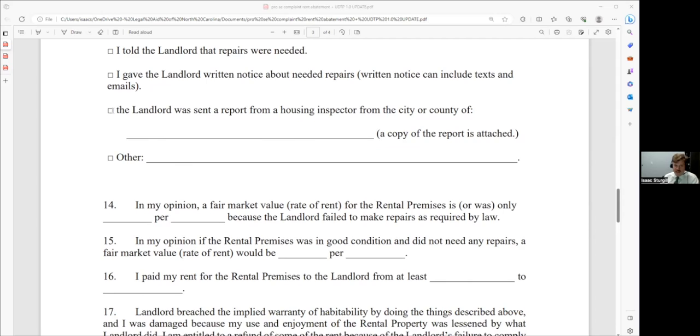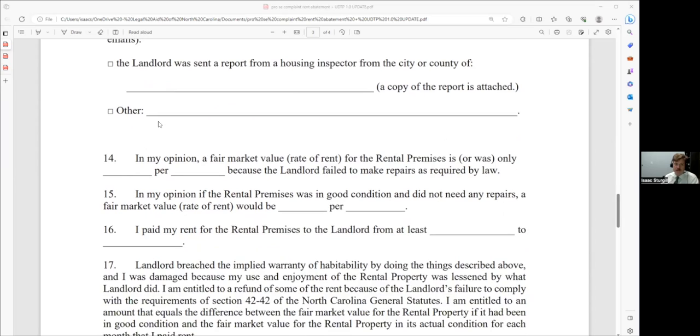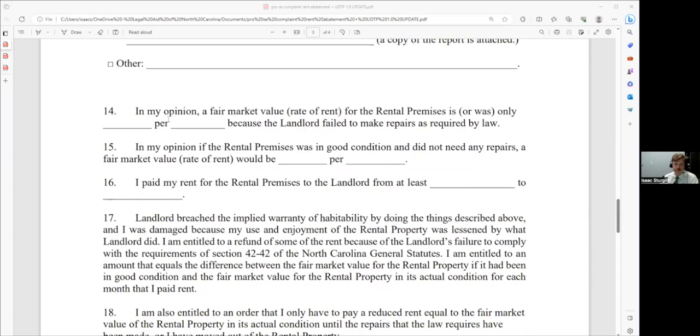And I would say for a tenant that's going to check that box, if the tenant has a copy of that report, you can go ahead and attach it to this form before it's filed. And then there's another box for other. So if there's some other way that the tenant let the landlord know about the problem, that's where they would put that.